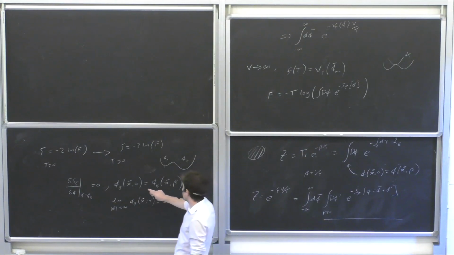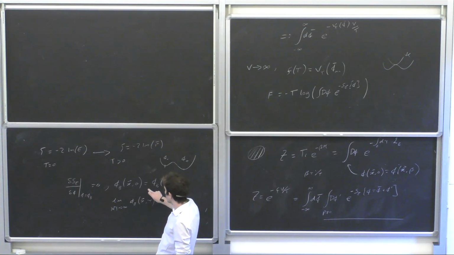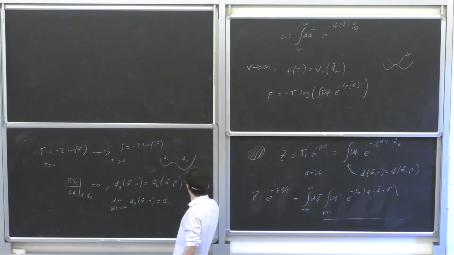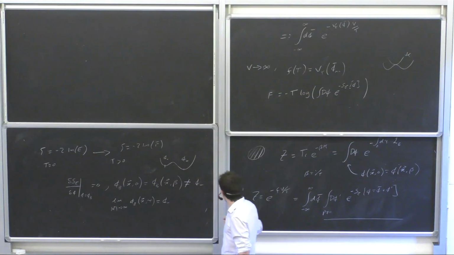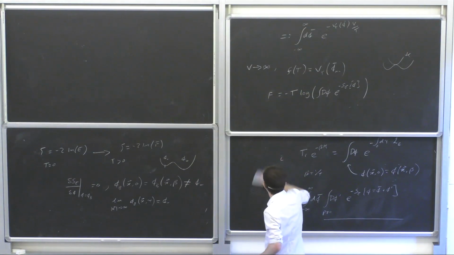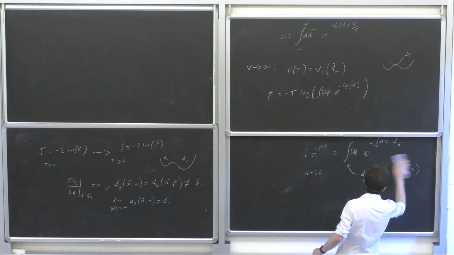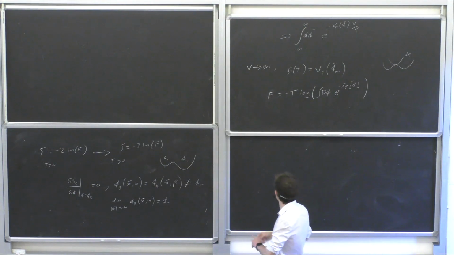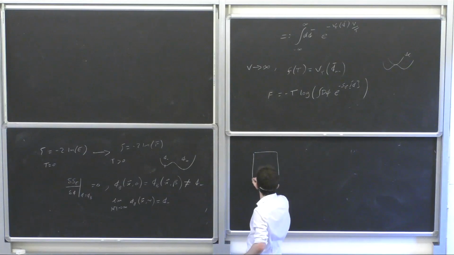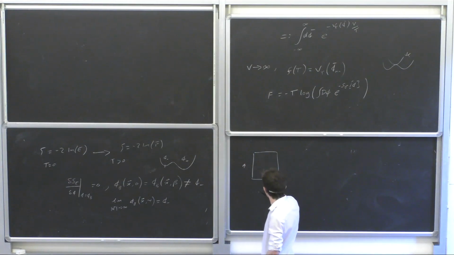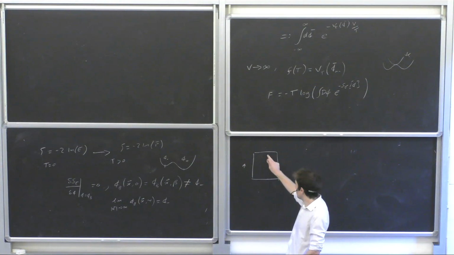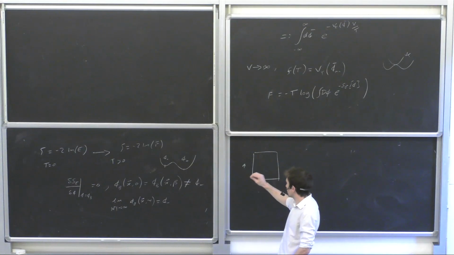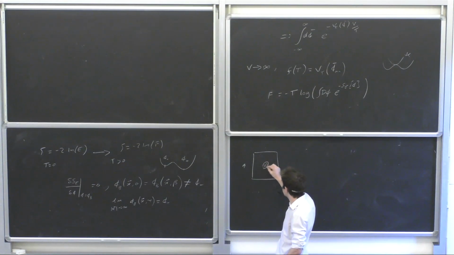As a result, in order to get a finite action solution of the classical equations of motion, we do not need that this is equal to phi minus. What this means is that whereas in imaginary time at zero temperature, if I think of this as being imaginary time in this direction, I needed the far distant past and the far distant future to be in the metastable vacuum, just with some localized bubble here.